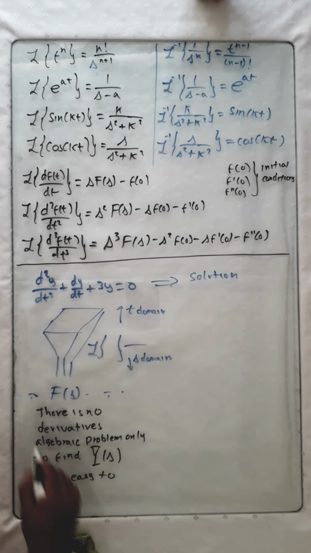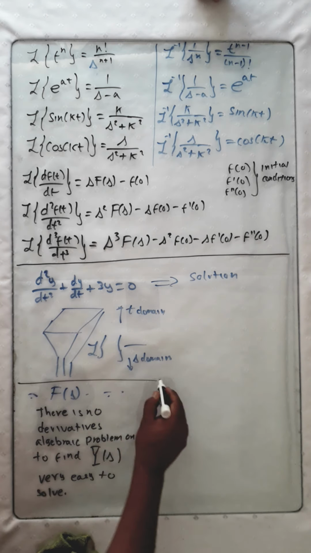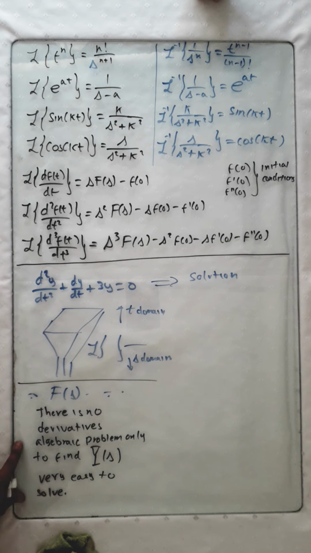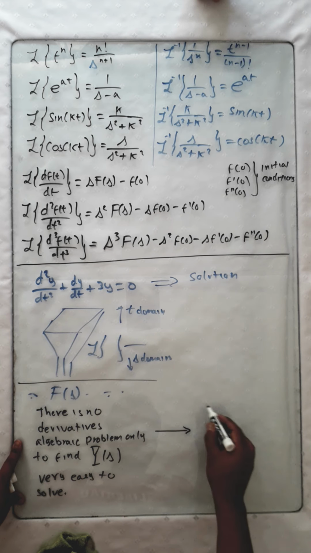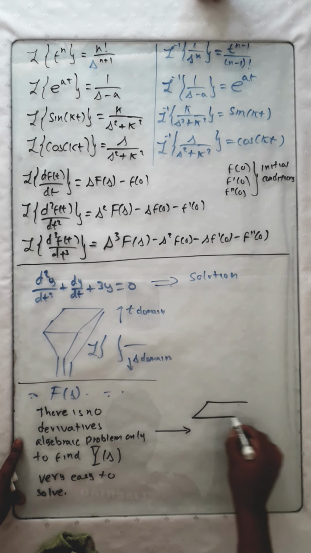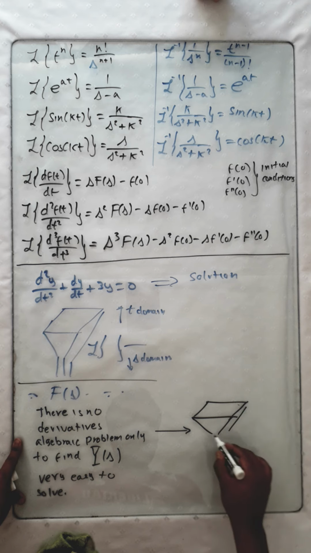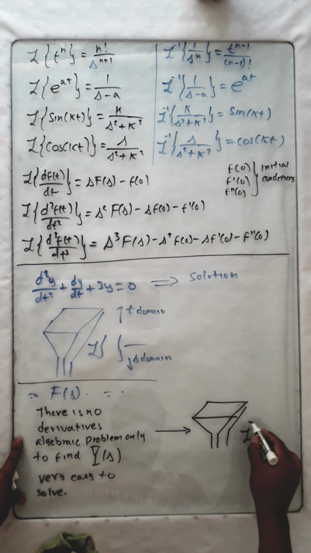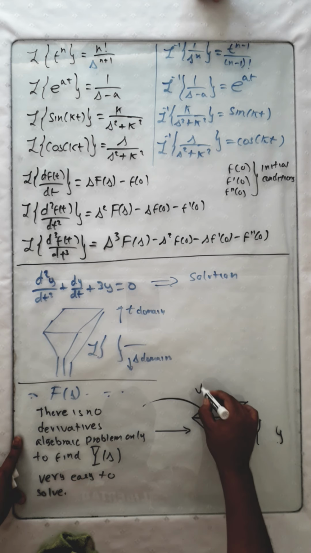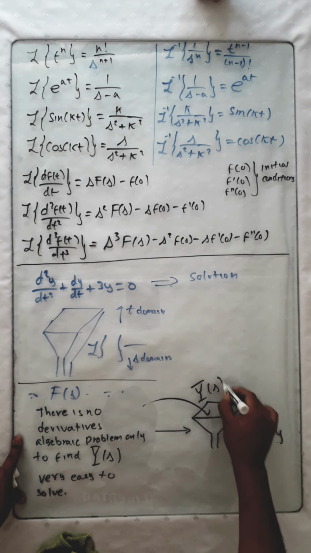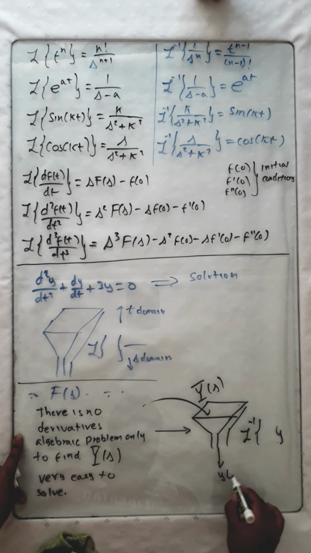However, what you have on this s domain is very easy to solve, but it is in the s domain. So what you have to do, engineers, is go to the Laplace inverse tortillas machine, the Laplace inverse operation, and you throw here your capital Y of s, and you are going to get y of t.